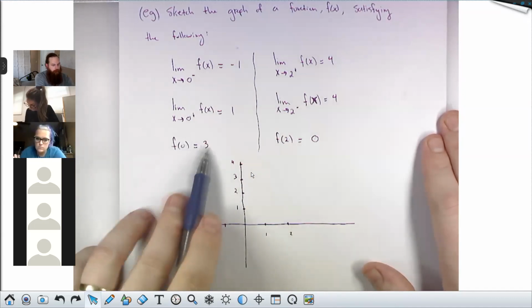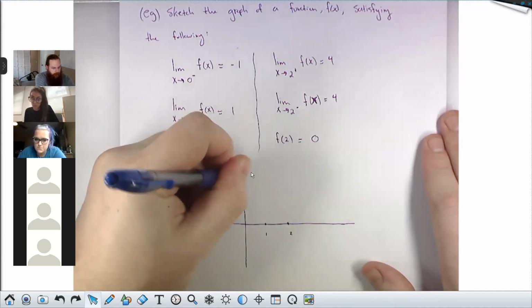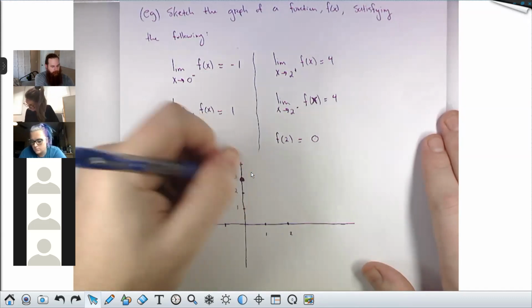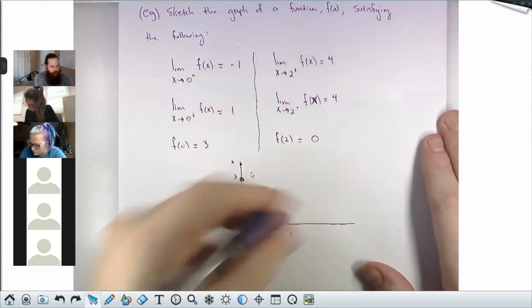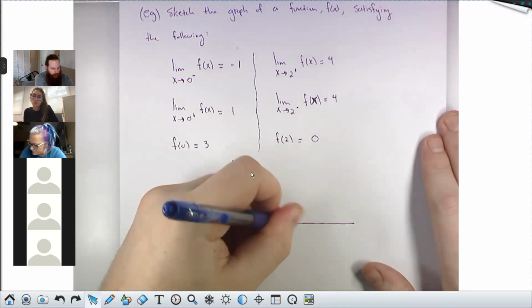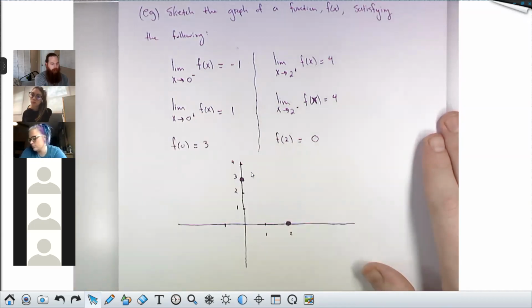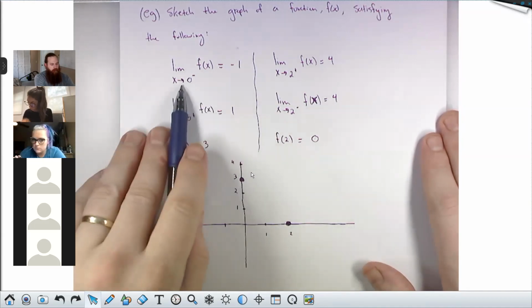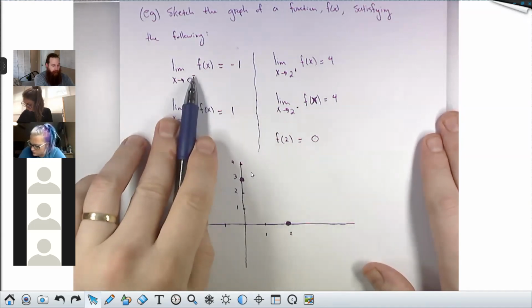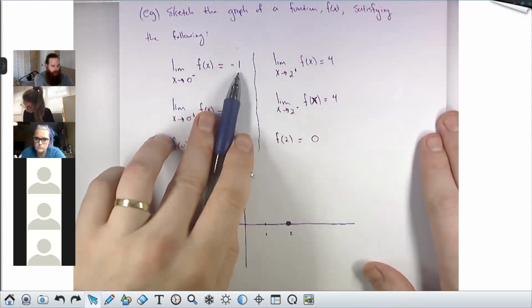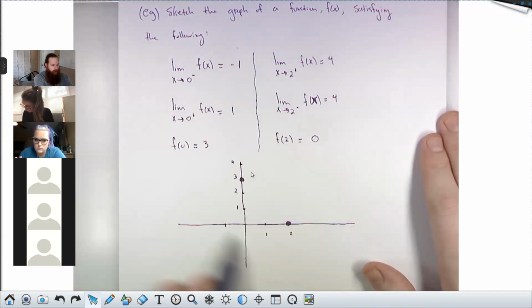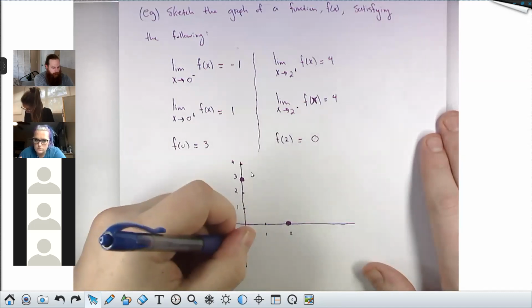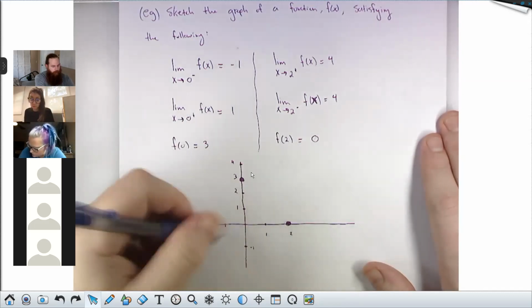So I know I want f of 0 to be 3. So the point 0, 3 should be on my graph. And I know I want f of 2 to be 0. So the point 2, 0 should be on my graph. We can start there. I know I want the limit as x approaches 0 from the left of f of x to be -1. So over here, as I get closer and closer to 0, my y values should be getting closer and closer to -1.